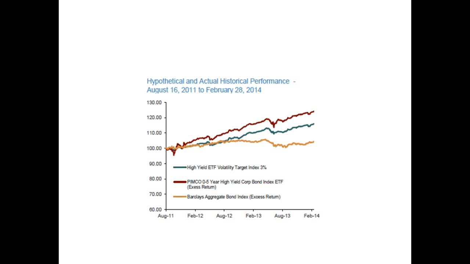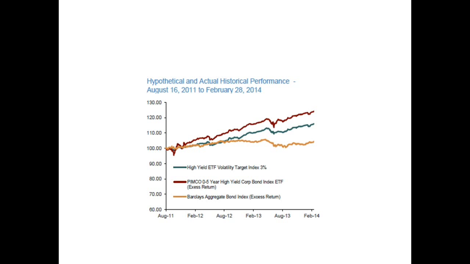Now, we all like historicals, and one of the disappointments that I know many of you have in the field about the market-linked CDs is that many of them cannot be back-tested historically. The good news with this product is that it can be back-tested. You can go back and look at historical, hypothetical performance as well as actual performance. And you can see by this chart, it's pretty much right where it should be.